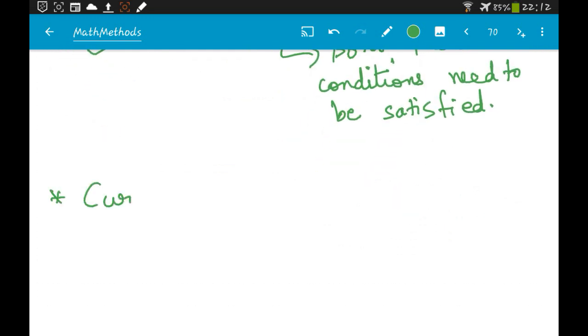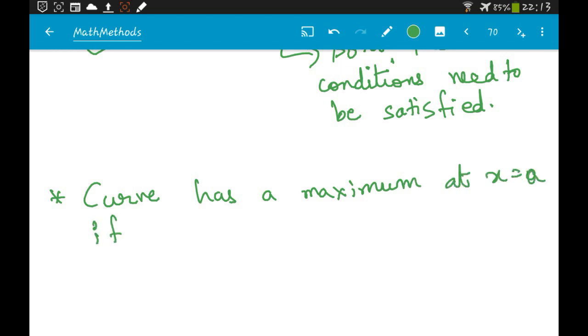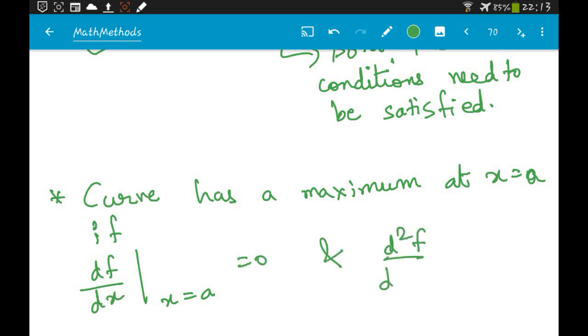And next, the curve has a maximum at x equal to a if df/dx at x equal to a is 0 and d²f/dx² at x equal to a is less than 0.